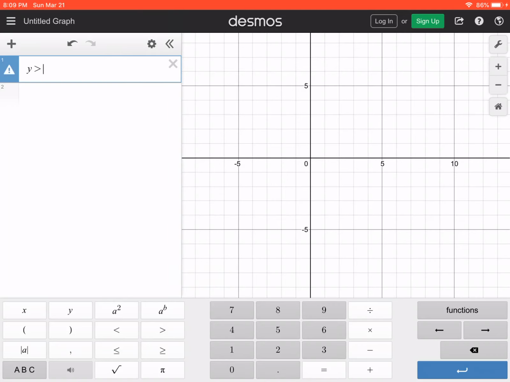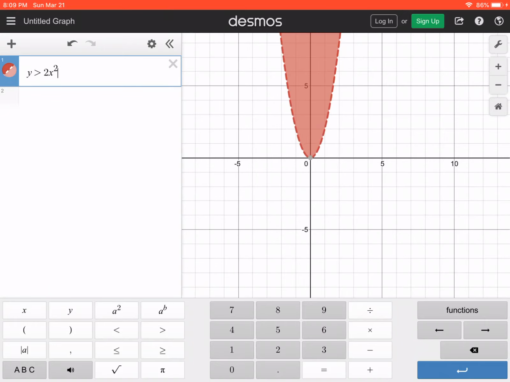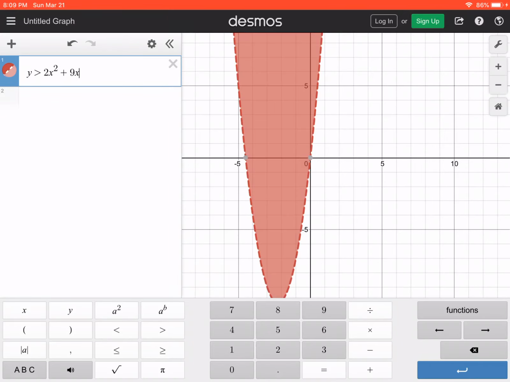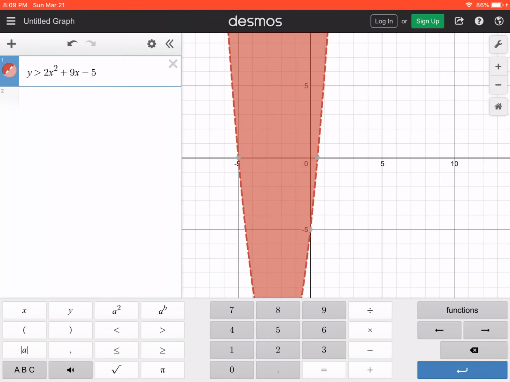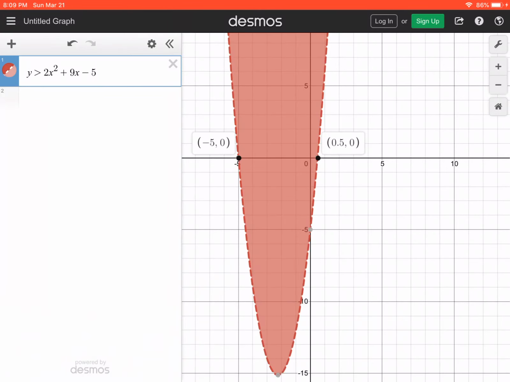Greater than 2x squared plus 9x minus 5. Okay, dotted line, where's it shaded? Between -5 and 0.5. Should be open circle, shaded in between. Take a screenshot of that. That's really all you're doing.